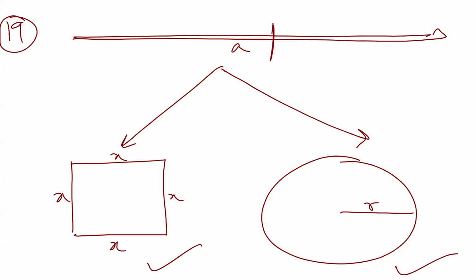Maybe somewhere in between I give it the form of a square. The remaining part I bend, and it is now a circle, and I join the two endpoints in a curved path such that it is a circle. So don't you feel the length of the wire is equal to the perimeter of the square plus the circumference of the circle? Yes or no? Yes, sir. I hope you can imagine that.